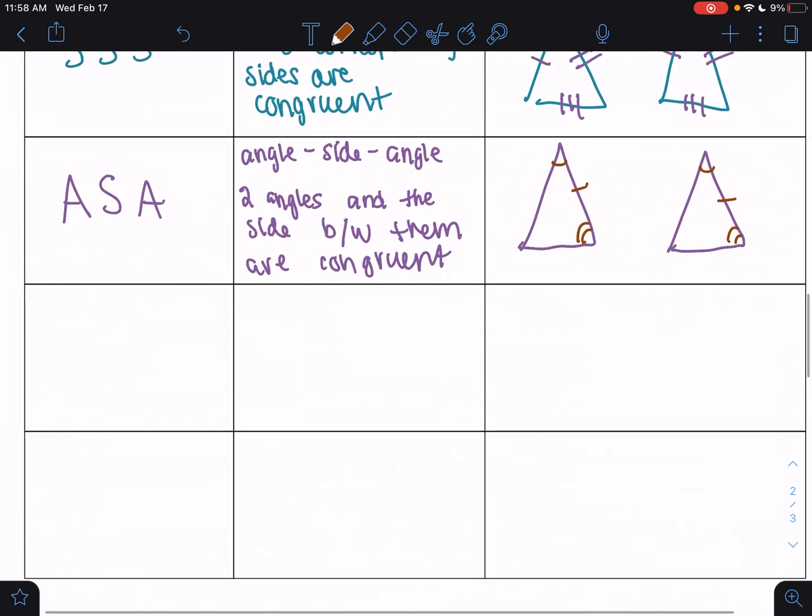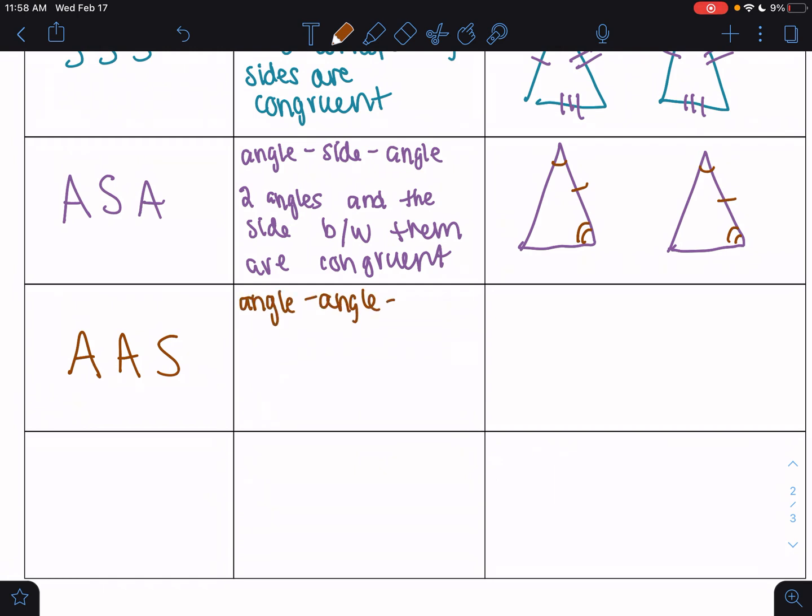All right, we have 2 more. Next is angle, angle, side. So this one means that two angles and then a non-included side are congruent.